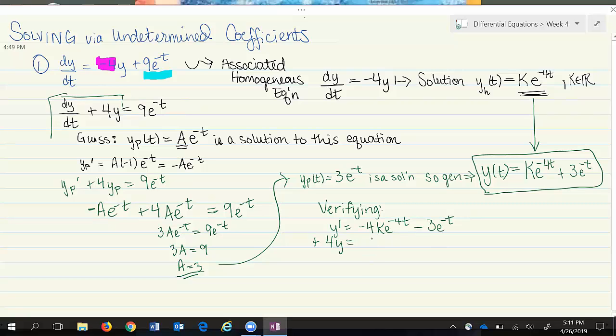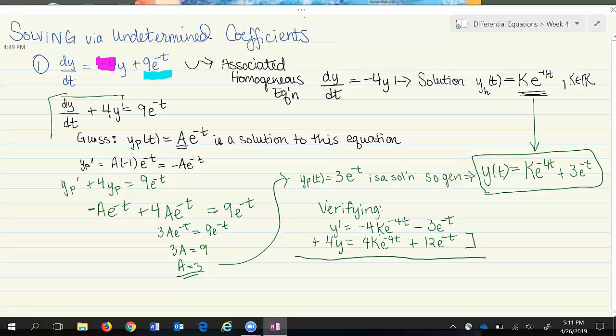So 4y would be 4k e to the negative 4t plus 4 times 3, which is 12e to the minus t. So in this line, I literally multiplied my y by 4. And now what I'm going to do is add those two together so that I can verify it equals what the right-hand side is supposed to equal, that 9e to the minus t.